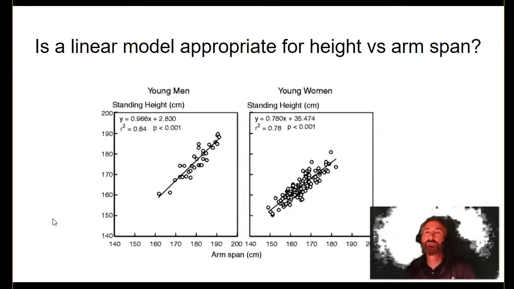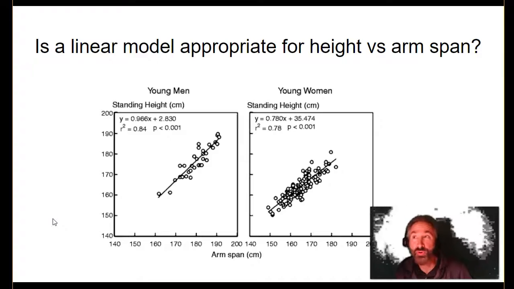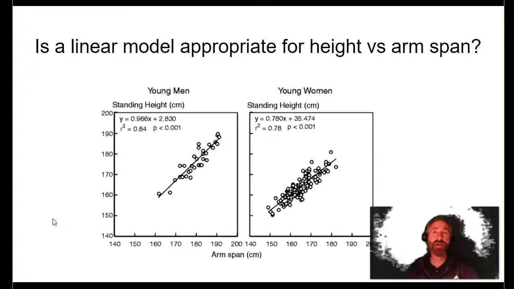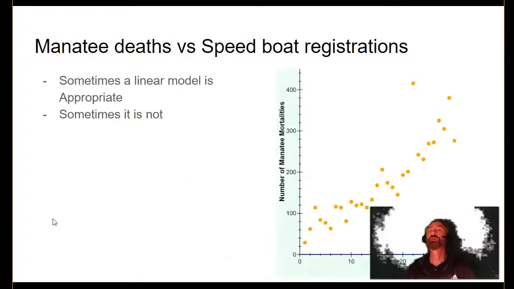So, is a linear model appropriate for height versus arm span? Well, look at the scatter plot and look at the line. The dots in the scatter plot are all relatively close to a line, so I'd say a linear model is appropriate. Then again, a while back, we looked at manatee deaths and speedboat registrations.